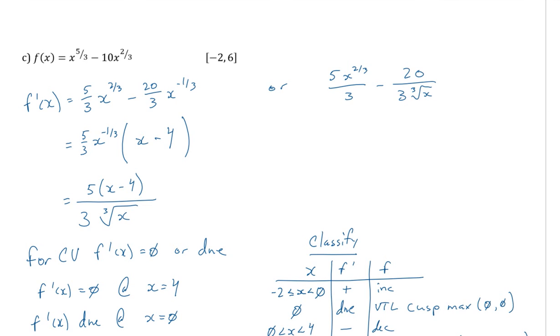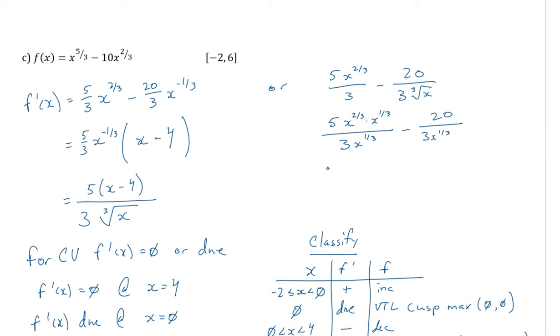So I need to multiply this by cube root of x over cube root of x. So I get 5x to the 2/3 times x to the 1/3 over 3x to the 1/3 minus 20 over 3x to the 1/3.